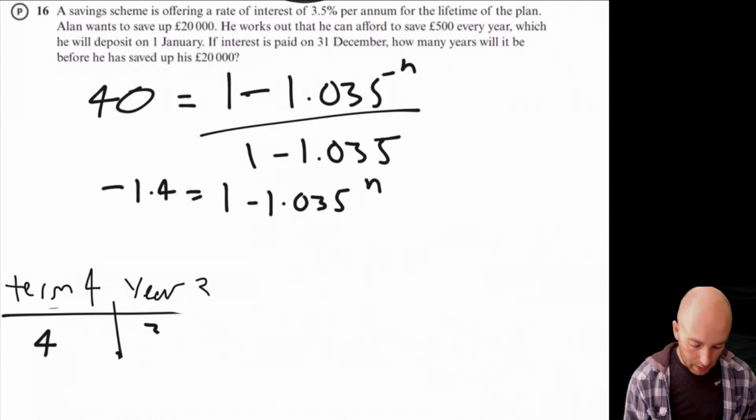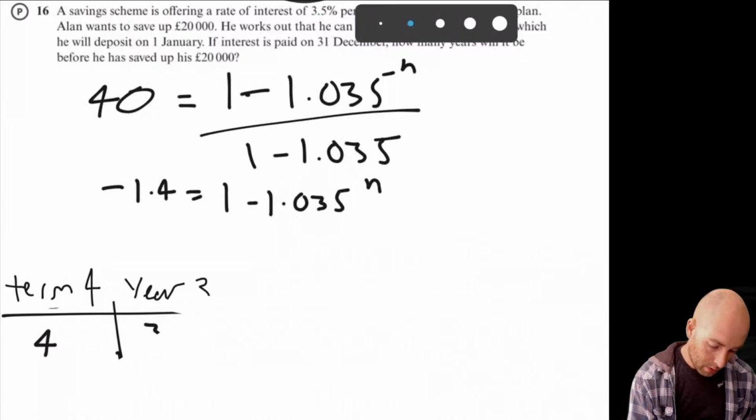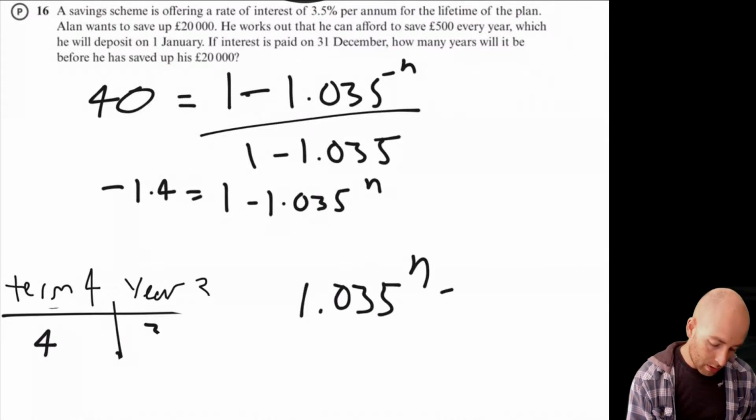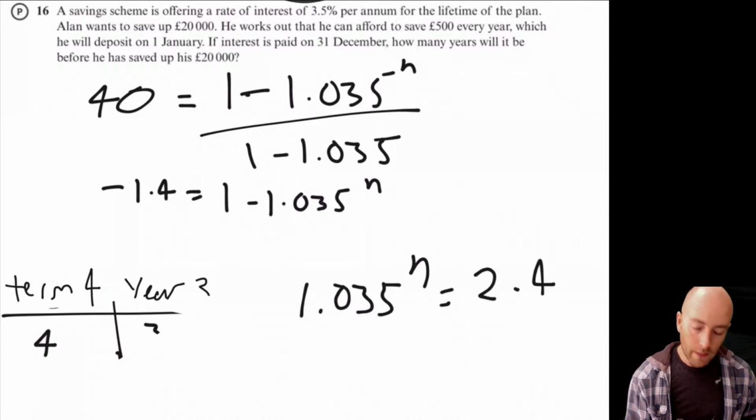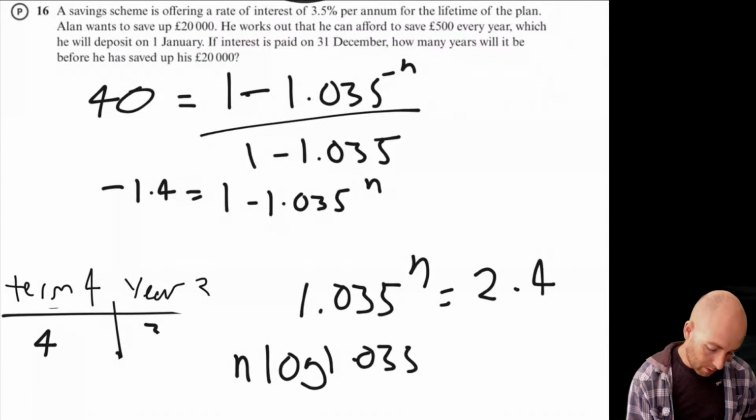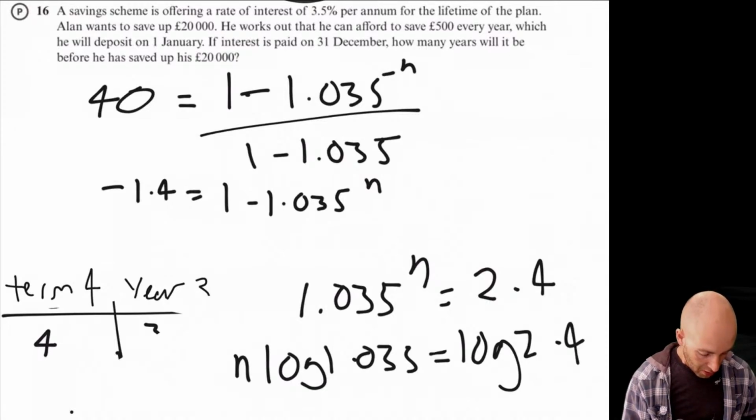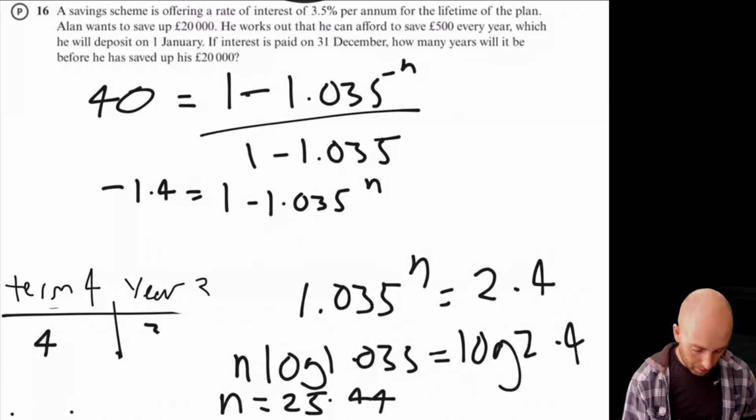If I rearrange this, I can add 1.035 to one side. I can then add 1.4 to the other side to get 2.4 there. I can then log everything here to get n log 1.035 is log 2.4. Then we can work it out. So log of 2.4 divided by log of 1.035 gives me n is 25.44.